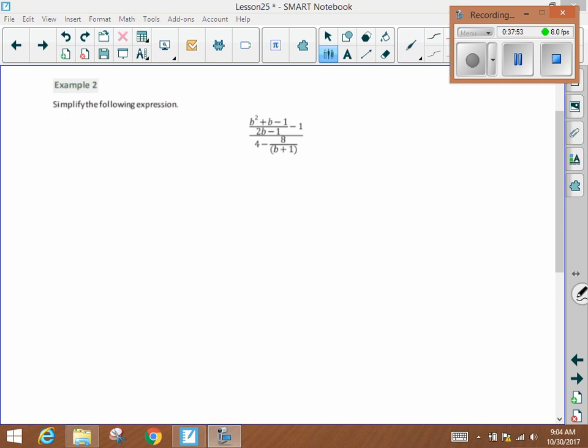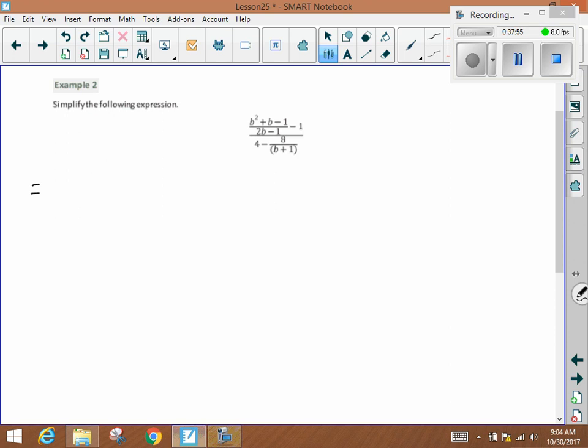So the first thing I'm going to do is work this numerator, and I'm going to go kind of quick. So it's going to be minus. If I was to multiply that so I could get a common denominator, it actually just turns out to be 2b minus 1 over 2b minus 1.